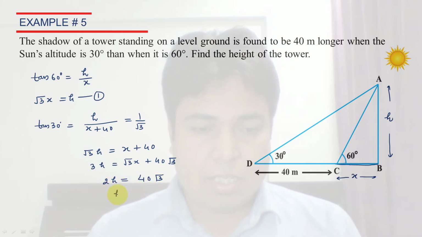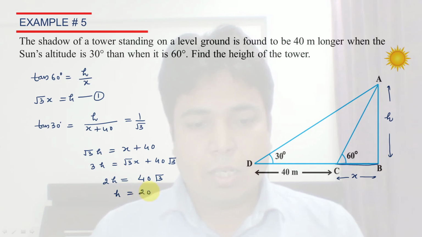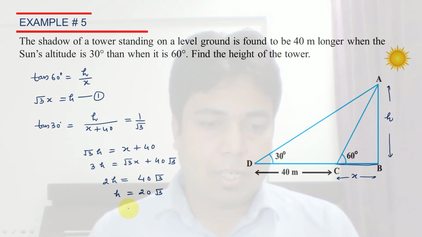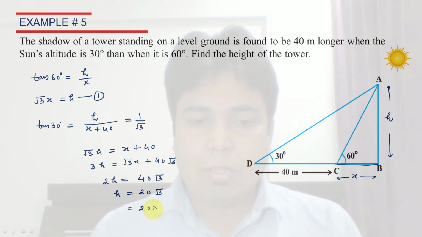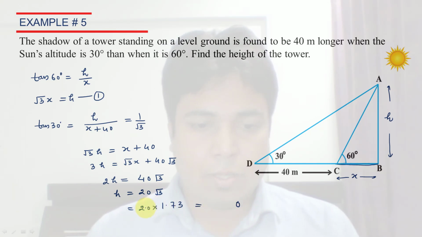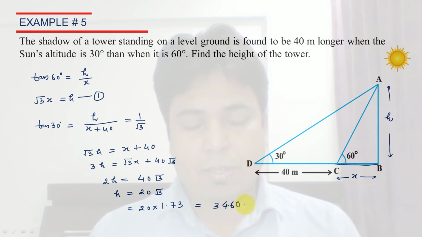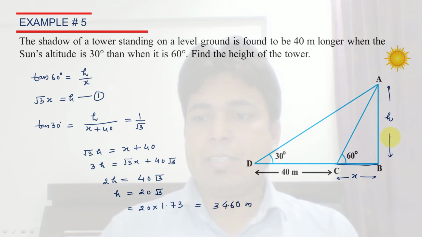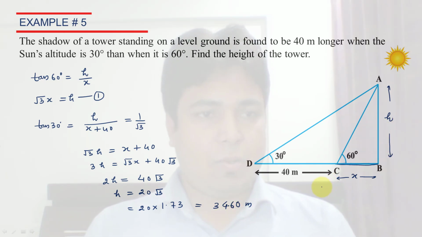And hence h is equal to 20 root 3. And that is 20 into root 3, which is 1.73, hence this is equal to 34.6 meter. And that is the height of the tower.